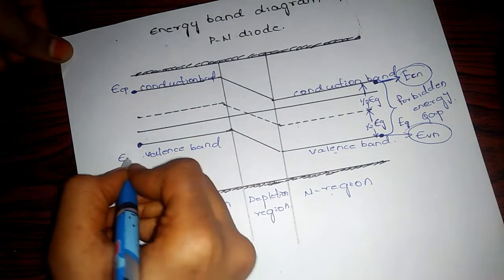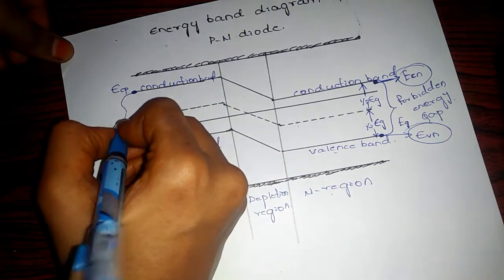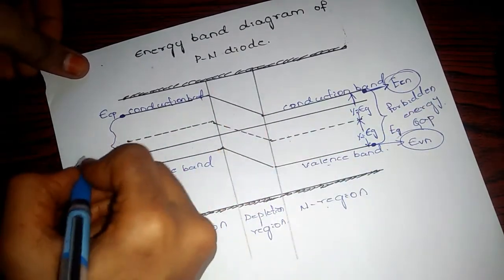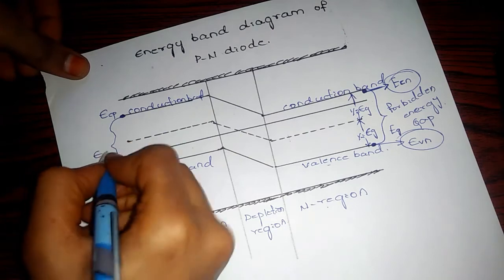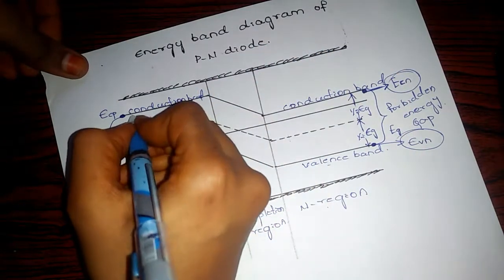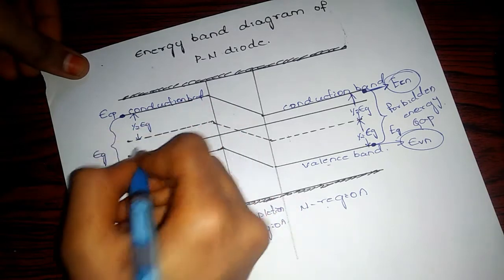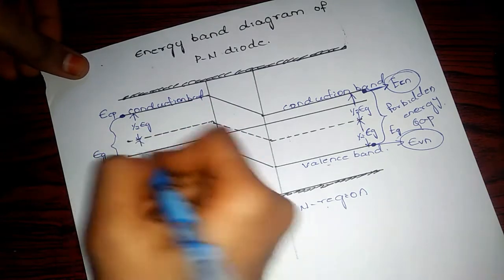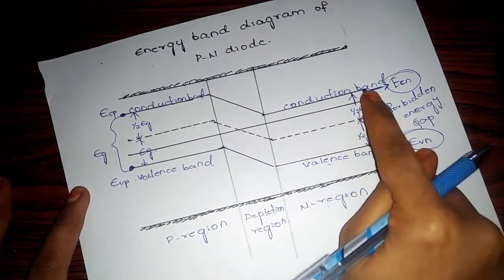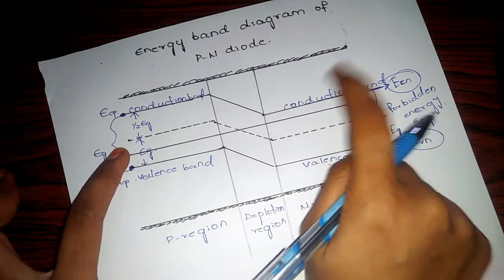This gap is the forbidden energy gap, the same as here. So EG, and the center part again divides it into half EG and half EG. You see the Fermi level is the reference for both the P and N regions.